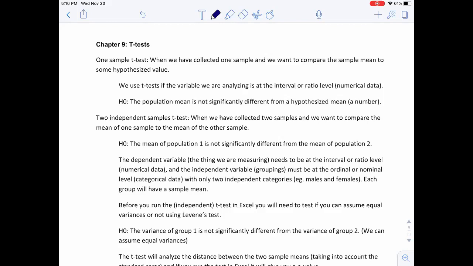Two sample t-tests, you can either have two independent samples or two dependent samples. We'll talk about two independent samples first. If you've got independent samples, that means that there's no way to link an observation in group 1 to an observation in group 2, right? Meaning they're independent.